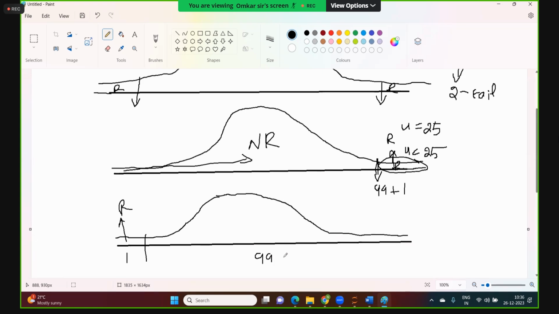Now how much area did you get after the Z value? What is the p-value now? 0.02. That means how much percentage? 99.9. That means it is moving into the rejection area only. So you are rejecting the null hypothesis. Simple. There is no difference in calculation.